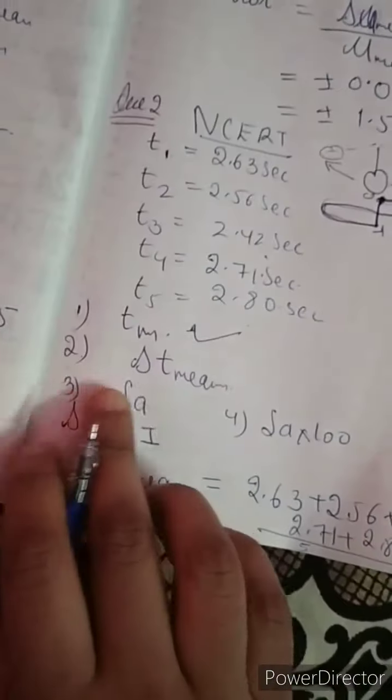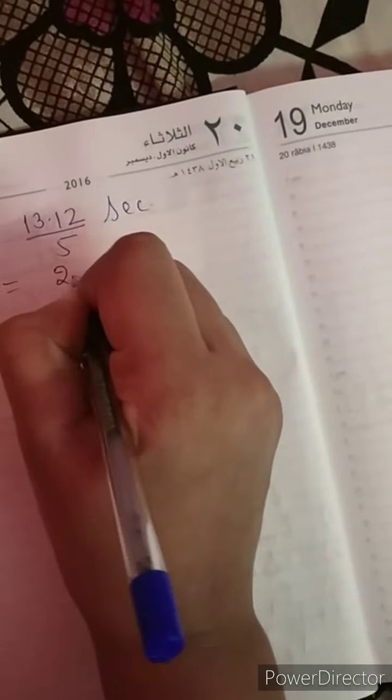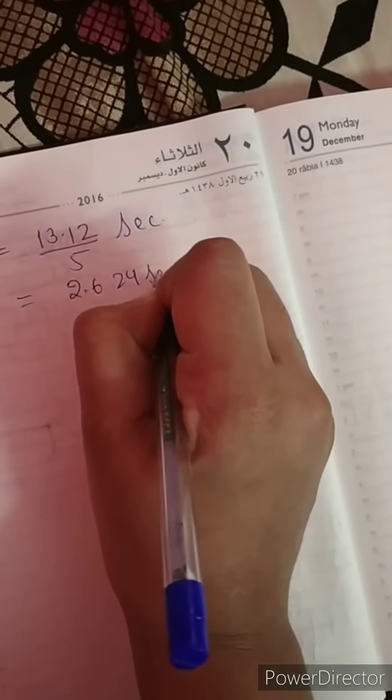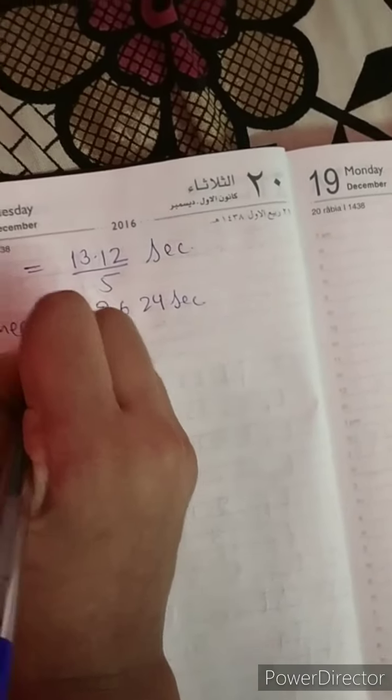Next we have to find delta of T mean. What do you mean by delta of T mean? It means you have to find the error. This will give you 2.624 seconds. So this is our T mean.